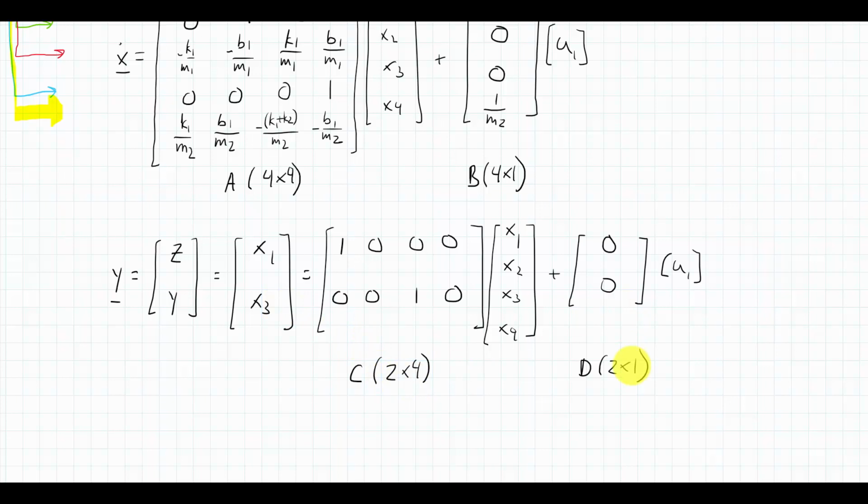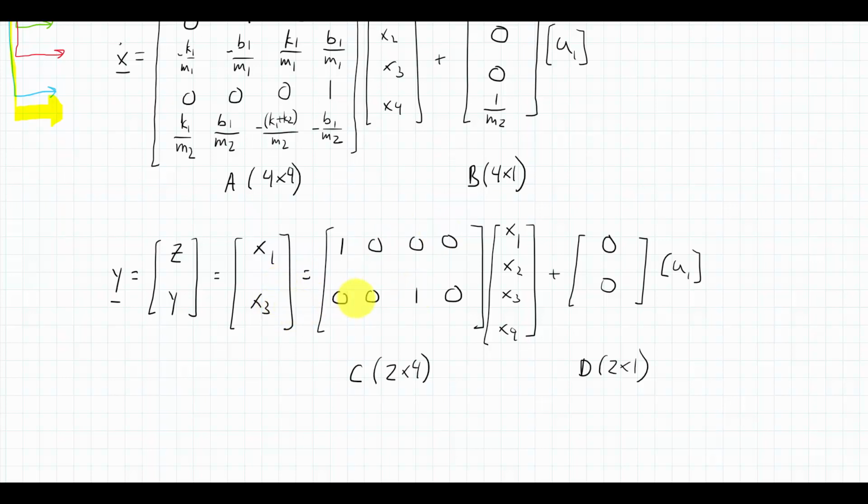So I had to create the C matrix and the D matrix such that Cx plus Du equals my observables, x1 and x3. So the first row has to be 1, 0, 0, 0, so that when I multiply, I am left with just x1, the z displacement, and then a 0 because u1 does not factor into my observation.